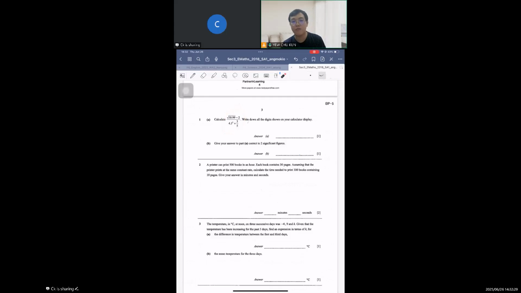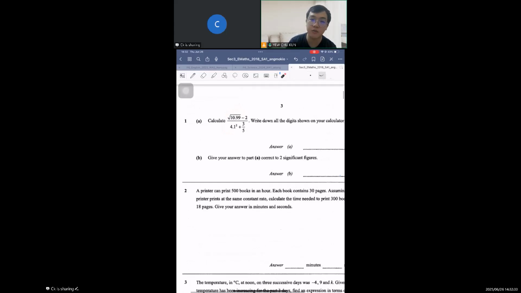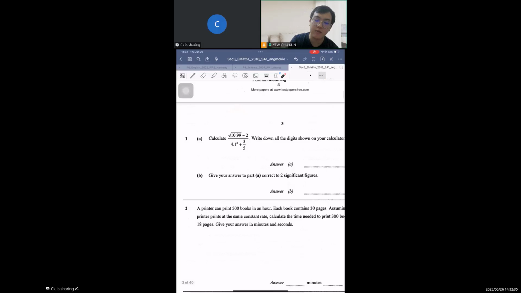So we type it. For this kind of equation, it comes out in two parts. It's a fraction, so I recommend you press the fraction button before you type the rest.